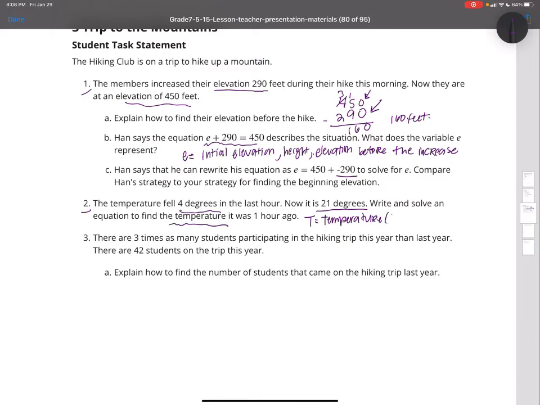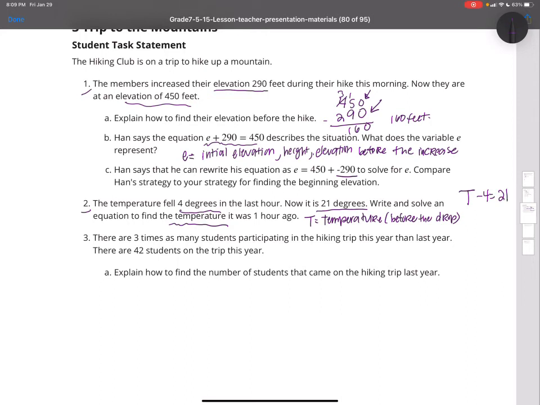I'm going to put in parentheses before the drop, meaning before the temperature fell, okay? So I'm using a capital T because I don't want y'all to get confused with my addition sign. Or I can put my subtraction symbol. We could say, okay, T minus 4 would equal 21 degrees.